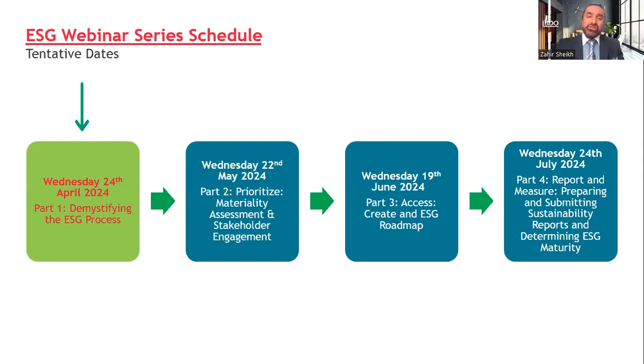Our experts will share proven methodologies and tools that are essential for tracking your progress and ensuring that you're hitting your sustainability goals. By combining reporting as well as measurement, you'll be well equipped to develop long-term strategic plans and continuously improve your ESG efforts.